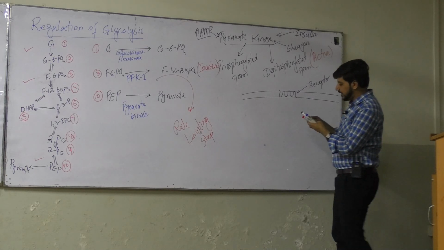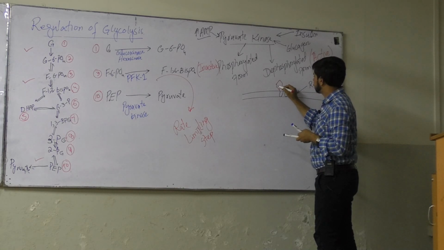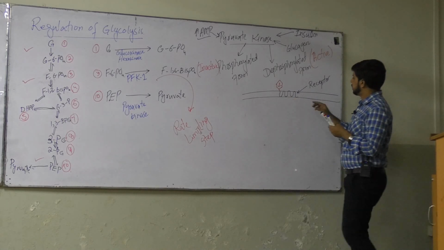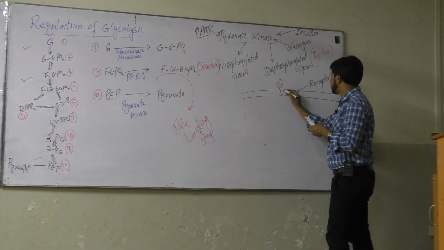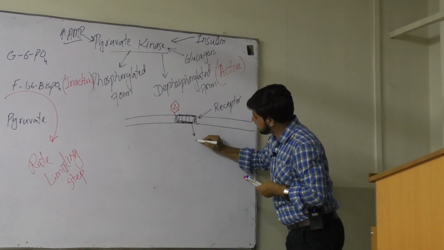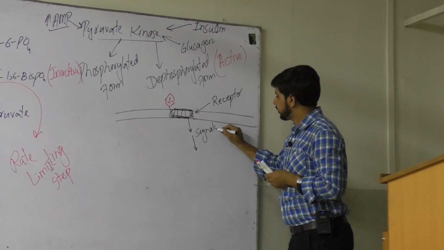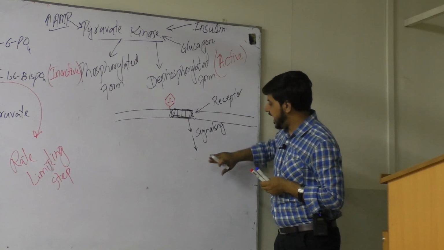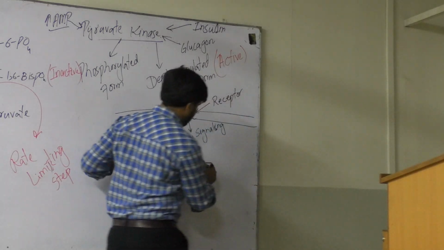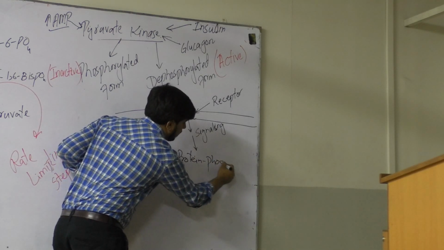When there comes the insulin, for example, this is insulin, it binds to a receptor, which can be any receptor like this. There will be a signal cascade, and as a result of that signaling cascade, there will be the activation of another very important enzyme, that is protein phosphatase.